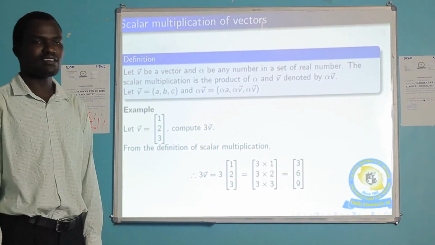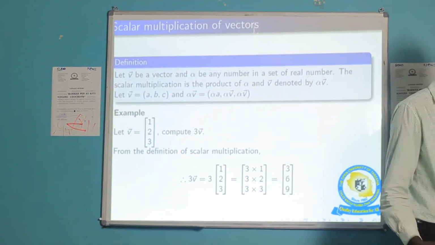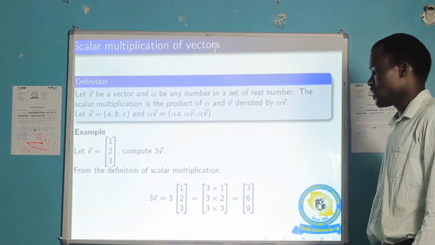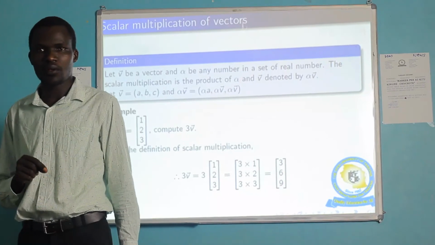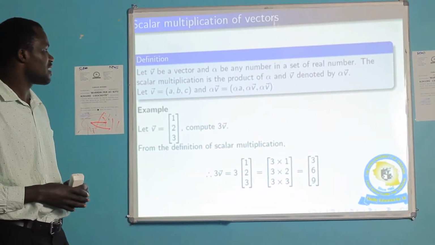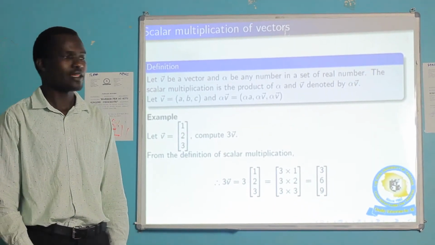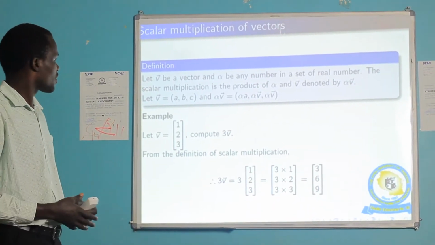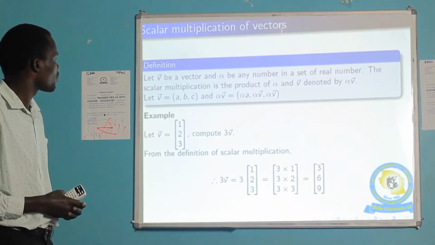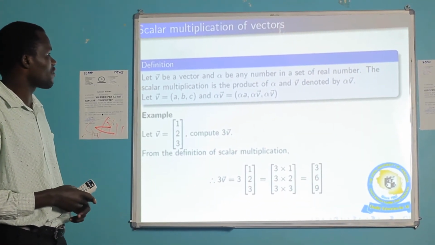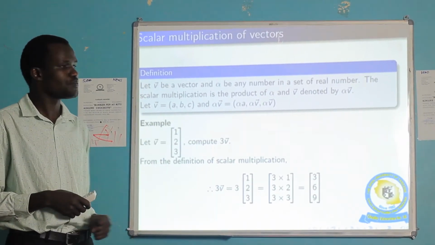Okay, let's go to the next step, called the scalar multiplication of vectors. The scalar multiplication of vectors is multiplying a vector with a scalar. A scalar is any real number, and the vector definition remains the same. So how can we multiply this? Suppose we have a vector V, and we have another scalar, call it alpha.